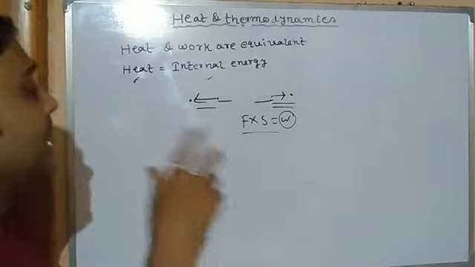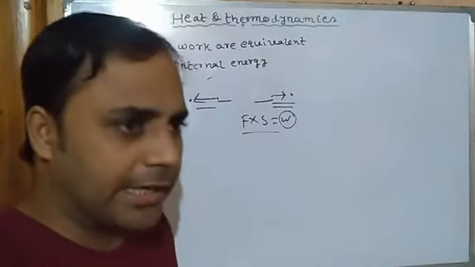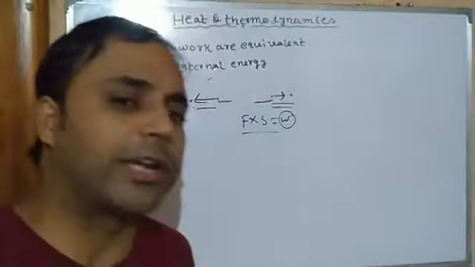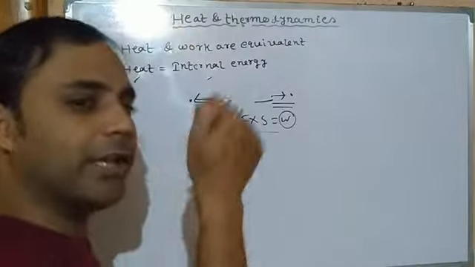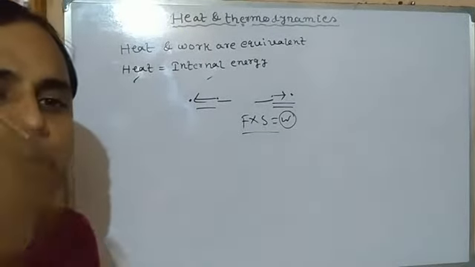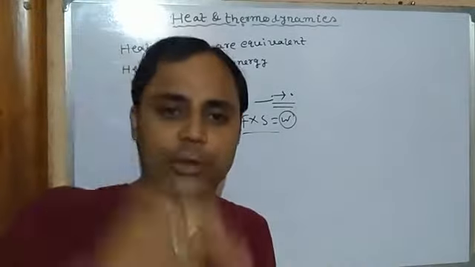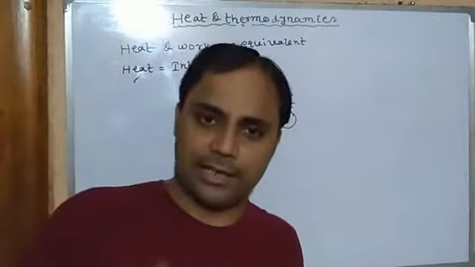Heat energy is the internal energy, meaning the total potential energy and total kinetic energy of the molecules, not of the body. Clear? Whenever you say internal energy, meaning heat energy, it is related only to the energy of the molecules inside, not the bulk motion of the body. Bulk motion means external mechanical energy.